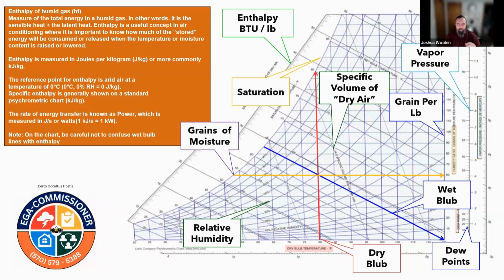The psychometric chart itself is often perceived as a complex scientific tool that was initially designed by Willis Carrier, with multiple rulers and stuff like that. He came up with this thing that we know as the psychometric chart today.